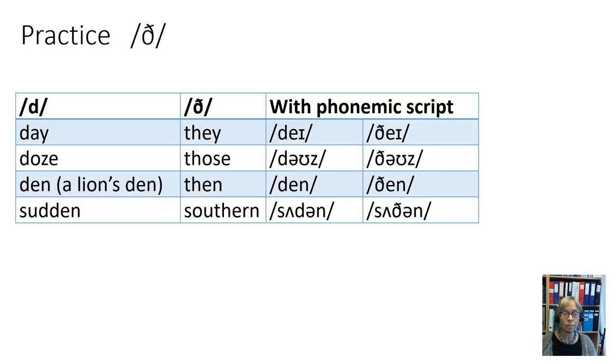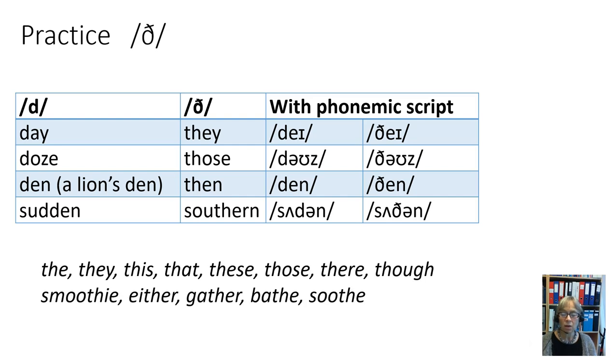Then the, they, those, then, sudden, southern. There aren't too many words that contain the voiced th, but those that do should, especially for an English teacher, be pronounced correctly. So here are the most common ones: the, they, this, that, these, those, there, though, smoothie, either, gather, bathe, soothe.